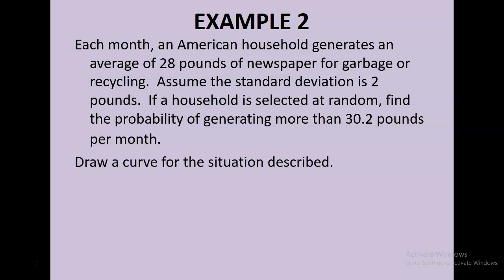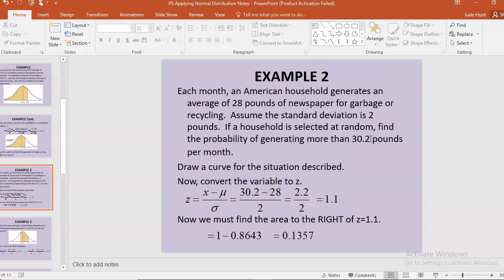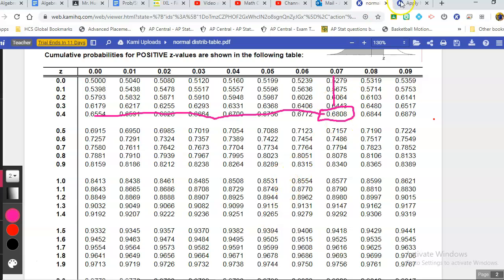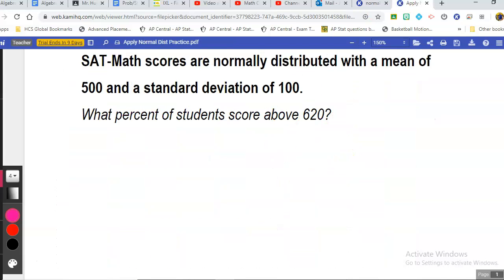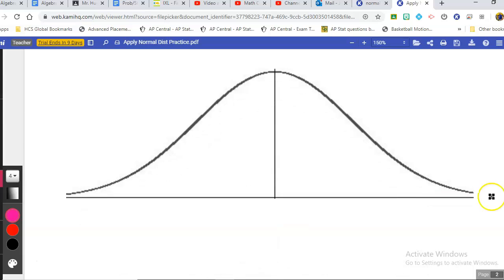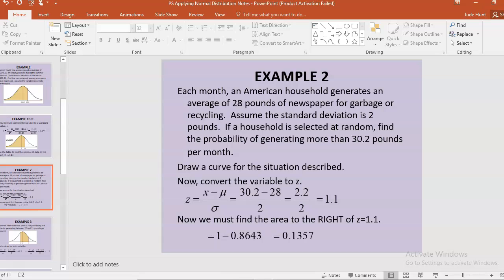So first off, let's sketch or draw out our situation. We're looking at a family coming in at more than 30.2 pounds per month. So what that would look like is we have a mean, excuse me, let me pull this up. See if I can get there. Okay, so we have a mean of, that wasn't 30.2, was it? 28.